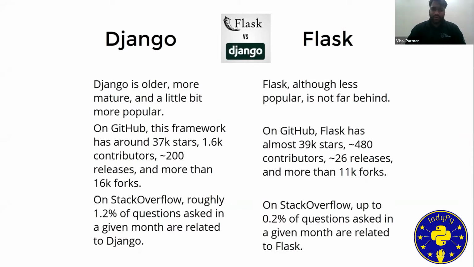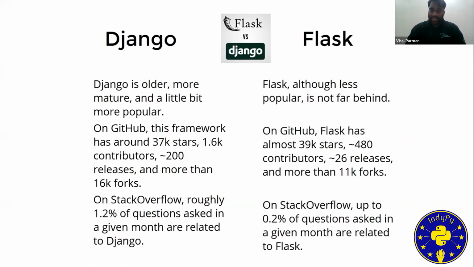So Django is older and more mature and a little bit more popular amongst the Python developers. Flask is although less popular but not far behind. People are also using Flask these days. On GitHub, we can check that this framework has around 37k stars and 1.6k contributors and more than 200 releases and more than 16K forks.